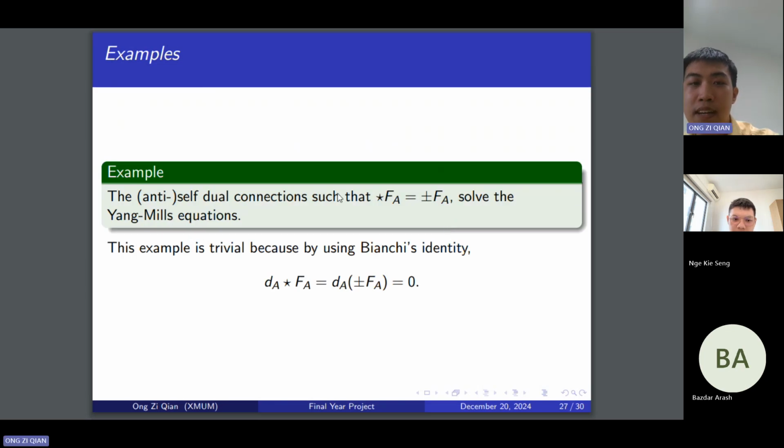And the trivial example of a solution is if we can find a self-dual or anti-self-dual connection, where if we apply Hodge star we get positive F_A or negative F_A, then of course this F_A should solve the Yang-Mills equation.